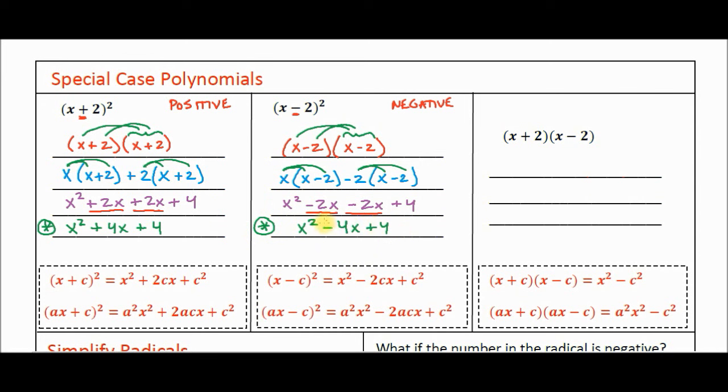And the only difference is this middle term, same coefficient, same x, but now the sign of the coefficient is negative instead of positive. So here is our form or our shortcut for a special case polynomial where the binomial has a subtraction in it. X minus c quantity squared is equal to, there's our first term, take the x term and square it.